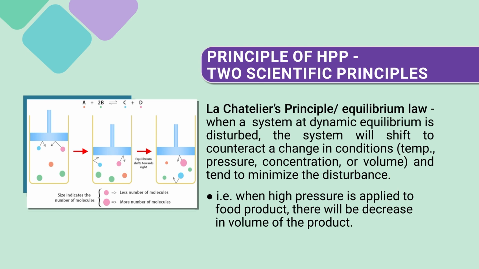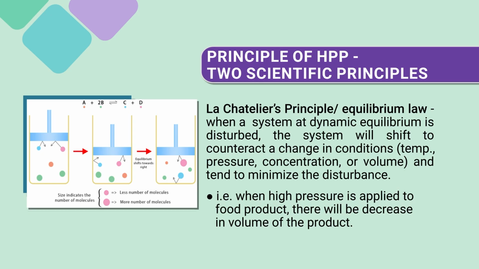Another important thing: in this figure, you can see how this principle is applied. Initially there is a piston and there are molecules, distinct in color, particularly A and B. If you compress them, it will lead to a certain change.